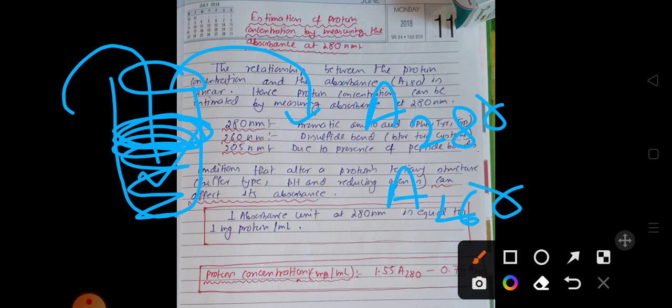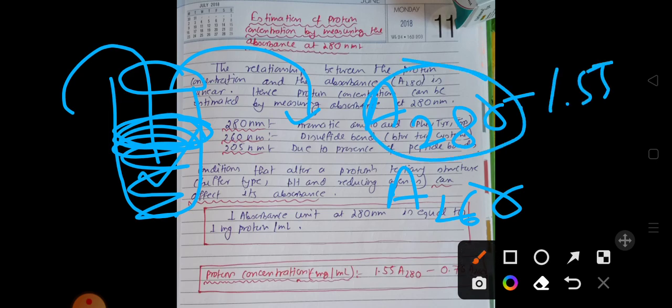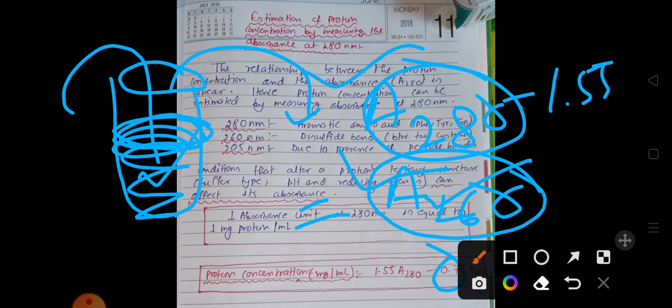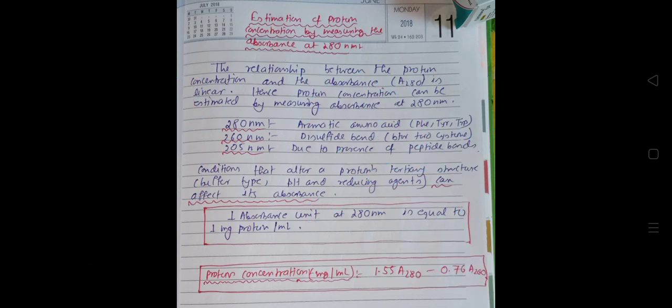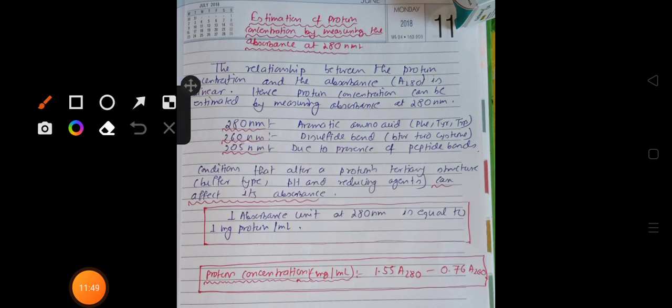You will multiply 1.55 with the absorption at 280 nanometer, and multiply the absorption you got at 260 nanometer with 0.76. Then you subtract these two values. The value you get is still an absorption value.